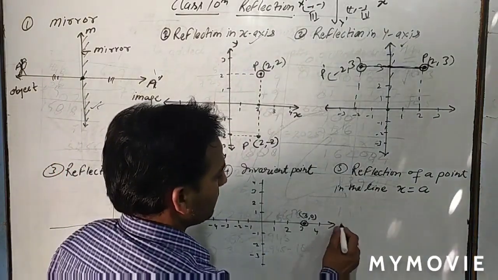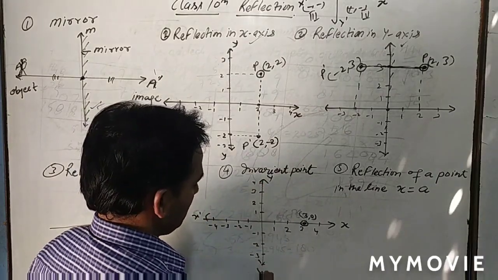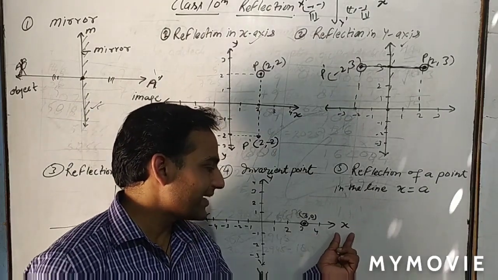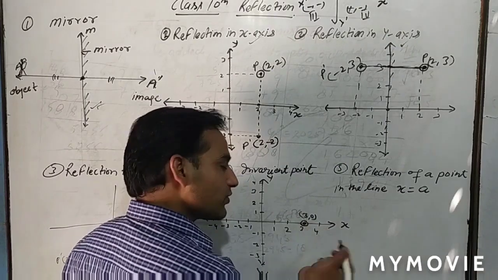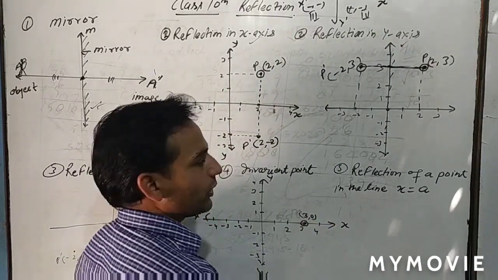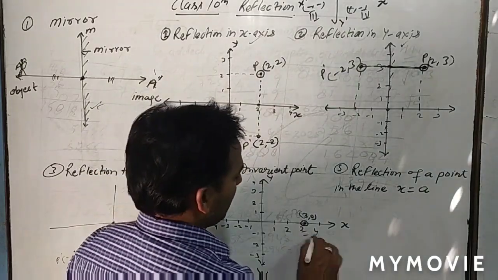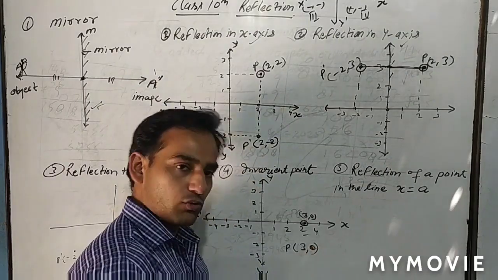This is the x-axis, this is the y-axis, x dash, y dash. If we have to get a reflection through the x-axis of this point, now the point is on the x-axis only, so where will it go? It will not go anywhere. So the reflecting point will be invariant. That means there will be no change in this point. So P, 3, 0 will remain so.